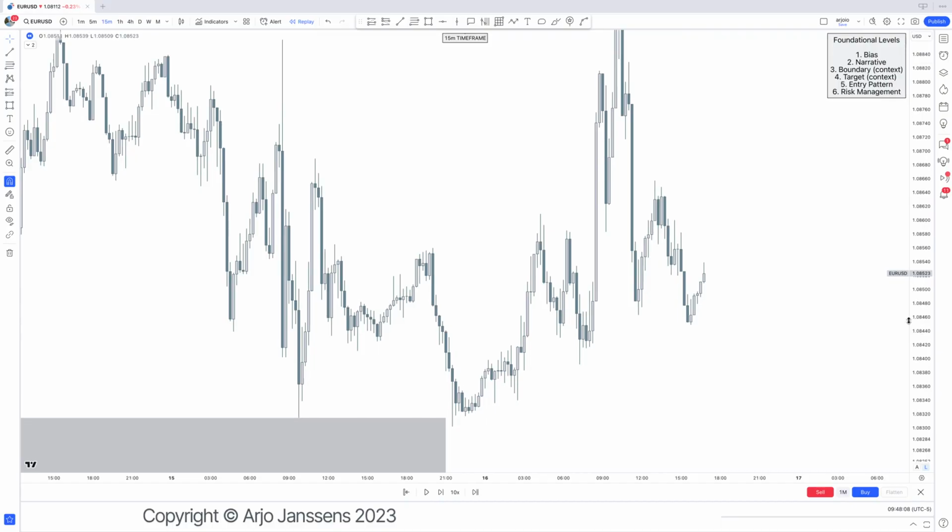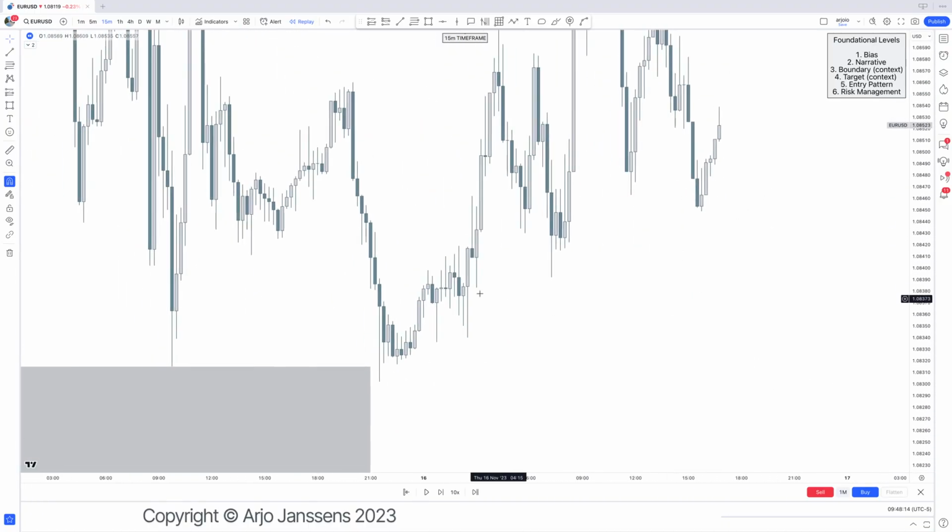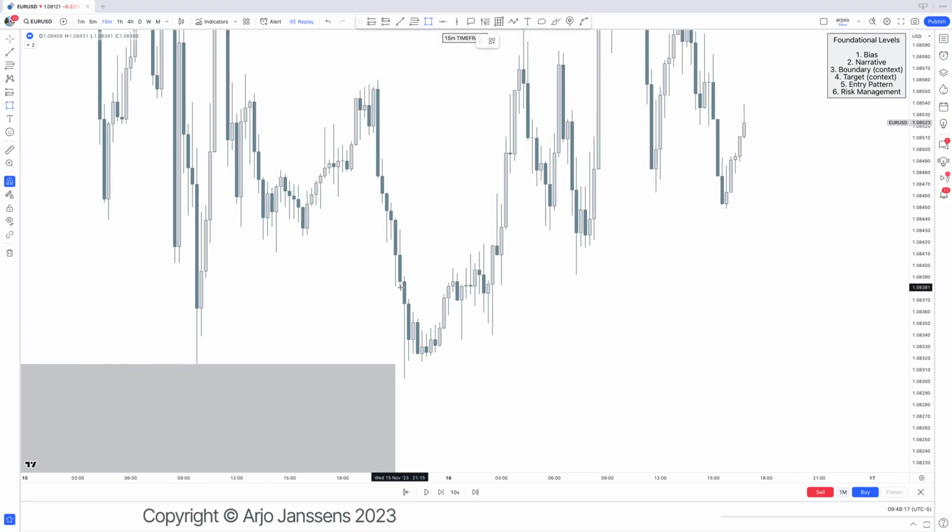All right, in that context, can we now refine those lows again? Well, if we look at this, then we had the ST. Again, we had the displacement into the PD array, and the displacement out of the PD array. All right, this might be a protected low at that moment in time. How do we get that confirmation? By using a re.